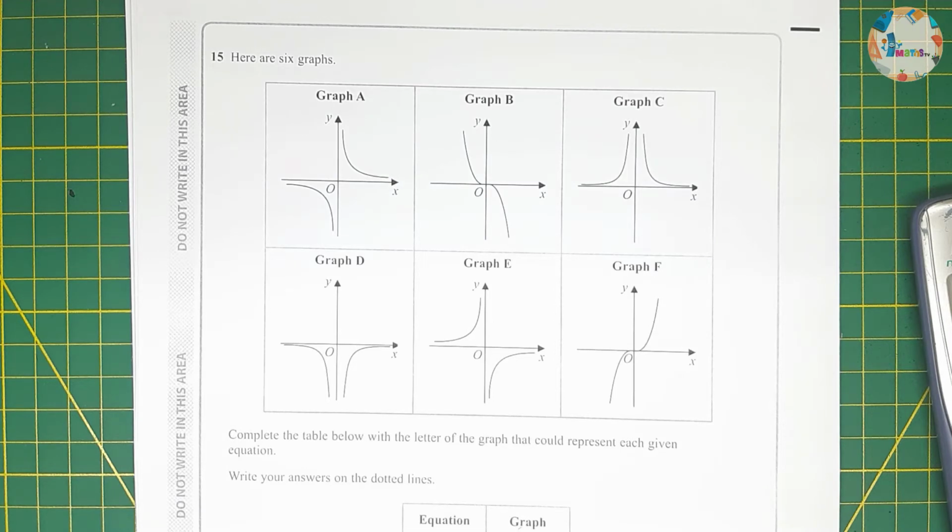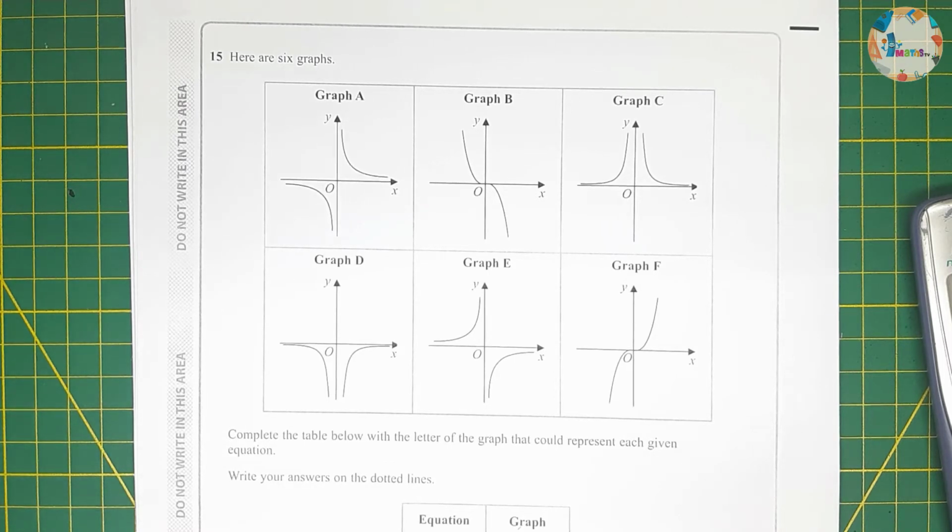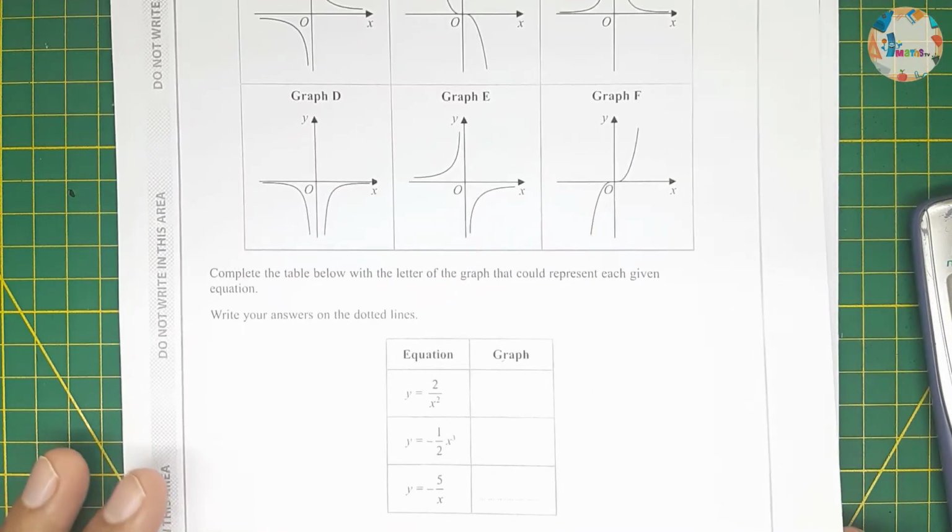Question number 15. Here are 6 graphs A, B, C, D, E, F. So complete the table below with a letter of the graph that could represent each given equation. Write your answer on the dotted line. So we can identify graphs provided.